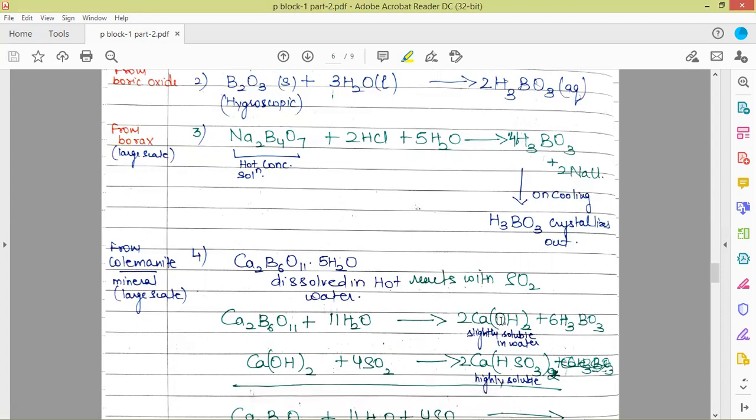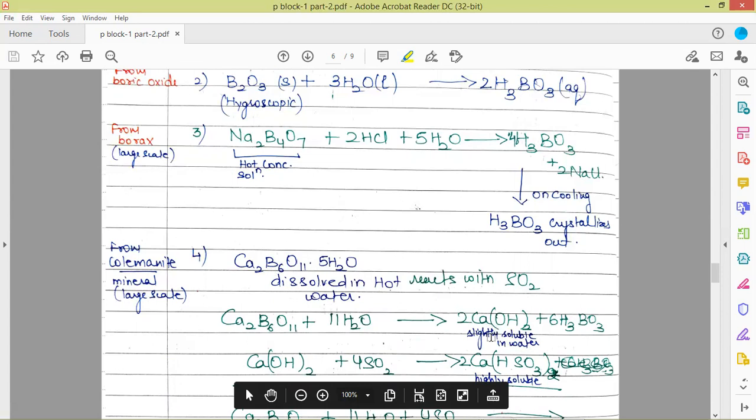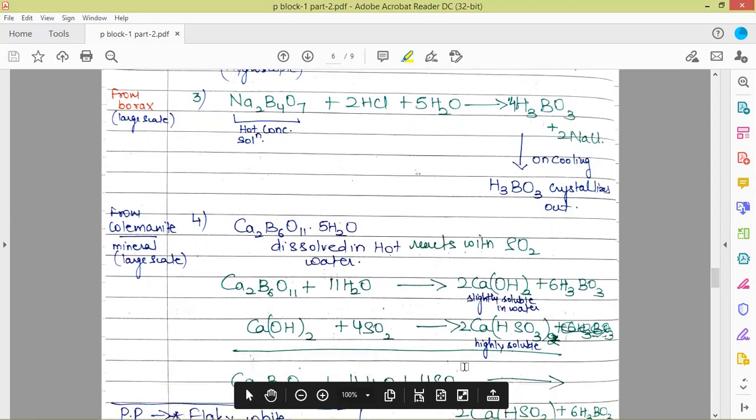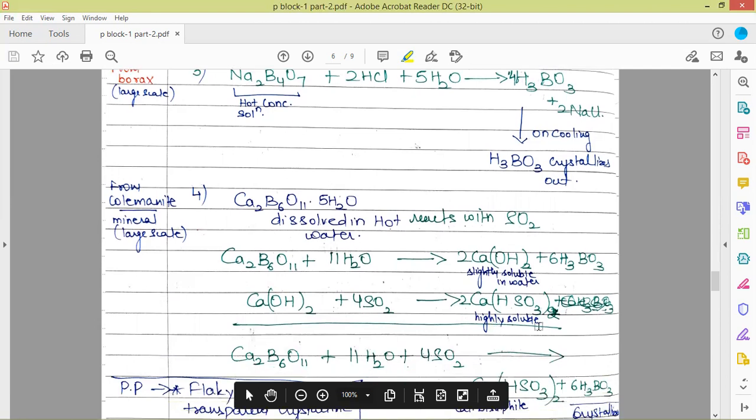Now how to separate this? For separating boric acid from the calcium hydroxide, whenever we get the formation of calcium hydroxide, we pass SO2 gas over it. This calcium hydroxide gets converted to highly soluble calcium bisulfite, which dissolves even in cold water.